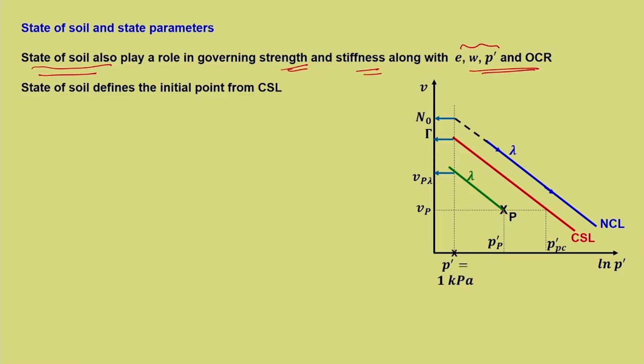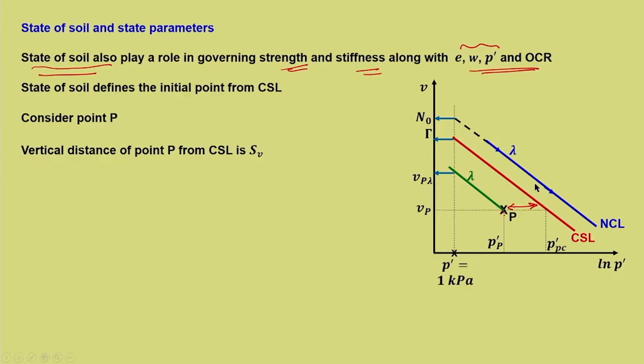You can see here this point P, how distant it is from CSL is the kind of factor of safety. Consider point P. So, this we have already done. Vertical distance of point P from critical state line is Sv. So, when we define state of soil, we are defining what is the state of this particular soil initially with respect to critical state line.